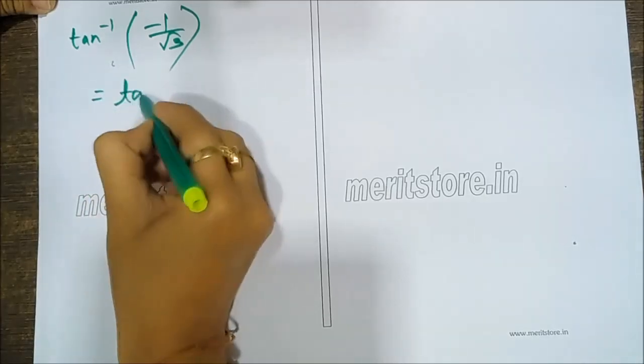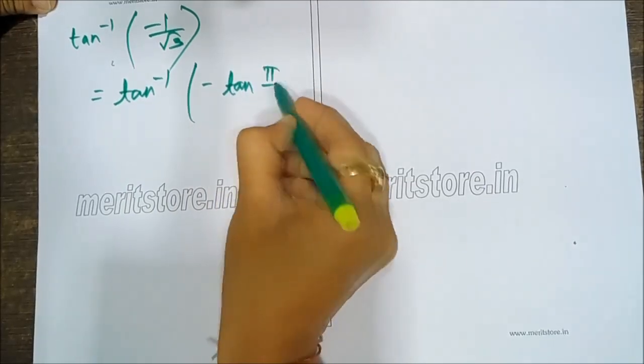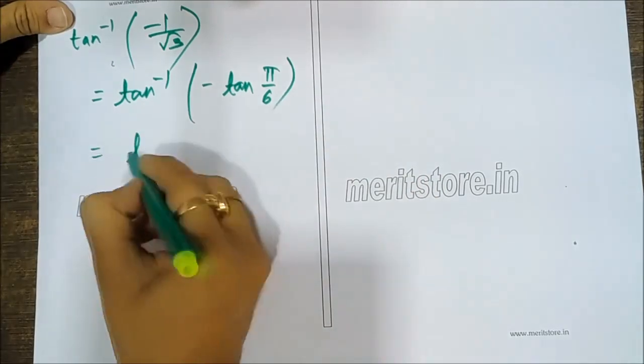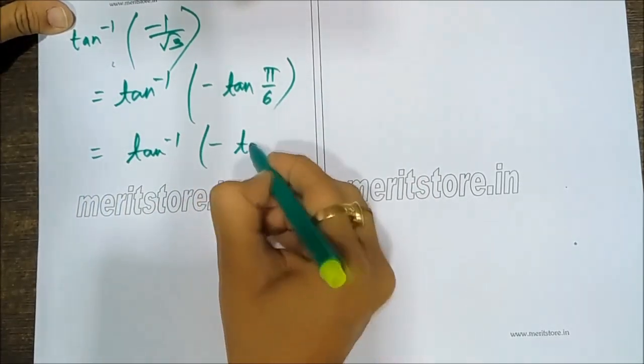This value is minus of pi by 6. Pi by 6 is nothing but your tan 30. So tan inverse of minus tan 30.